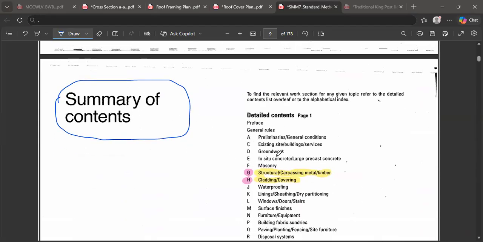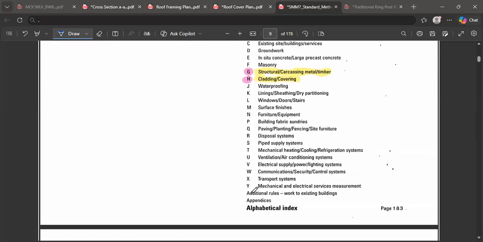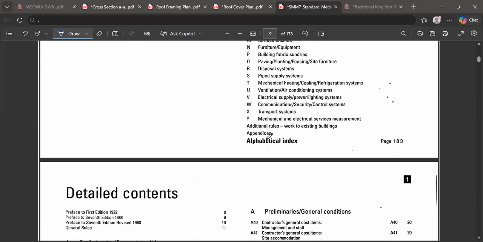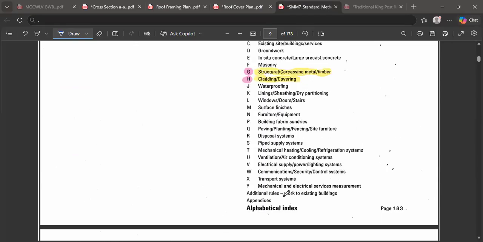Under the detailed content, like page one, that is the preface, you can find the general rules. They are made of A, B, C, D, up to Y. So you have to also know that it has some appendix and also some additional rules as well.